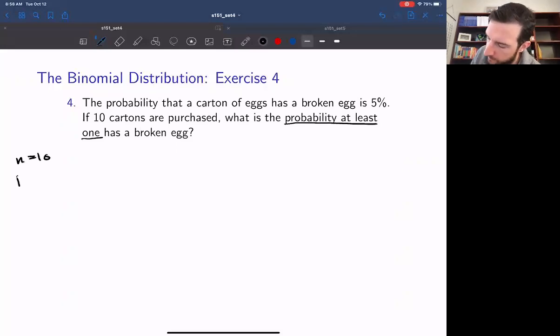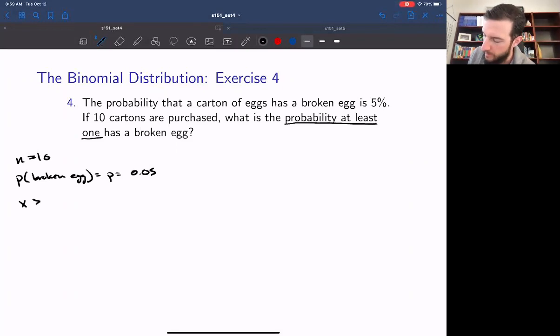The probability of one broken egg, which we're going to call little p, is 0.05. Okay. All right. Now, we want to know the probability at least one is broken.